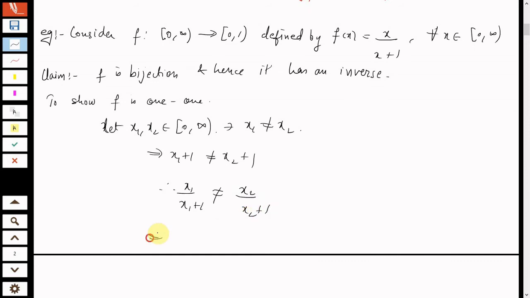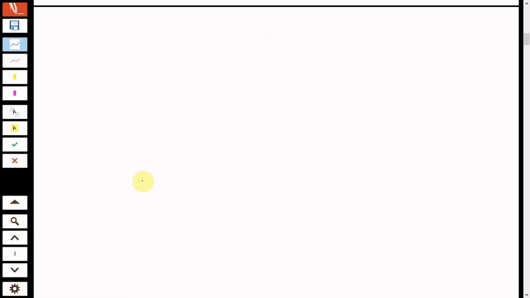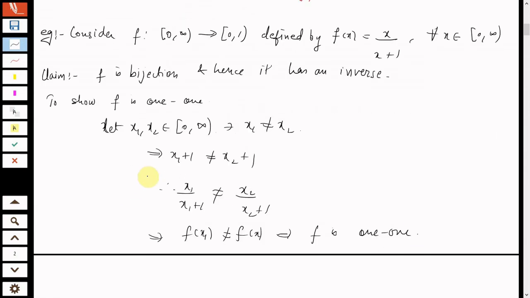This says that f of x1 is not equal to f of x2, proving that f is 1 1. Next we show that f is onto, and from there itself we can find an inverse of the given function f. I cannot call it the inverse because we have not yet proved that a bijection has a unique inverse.